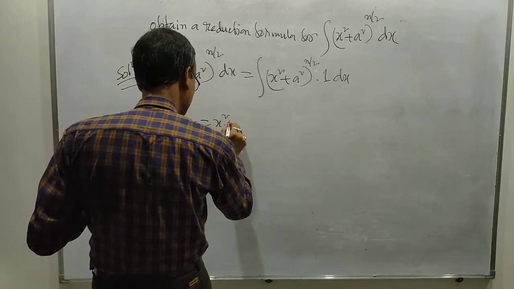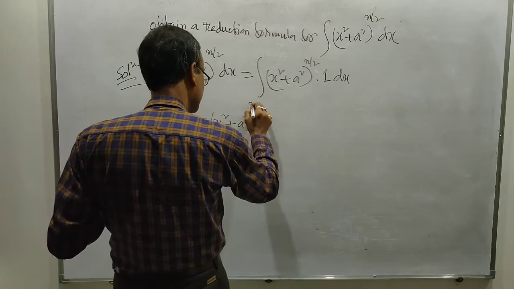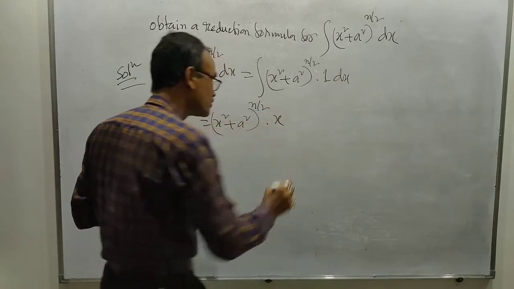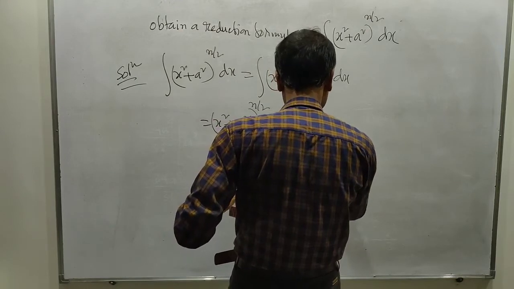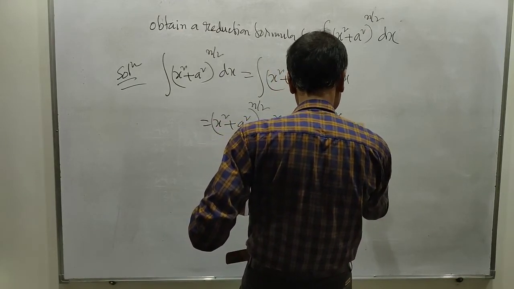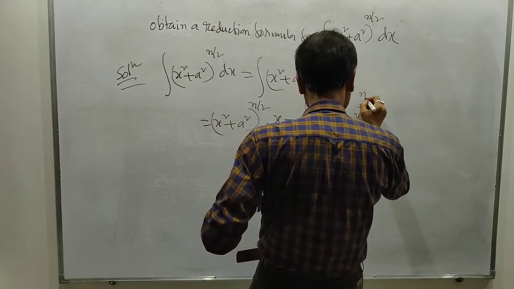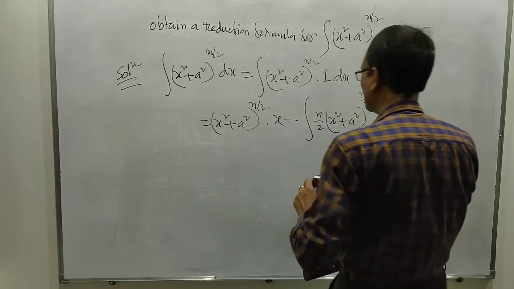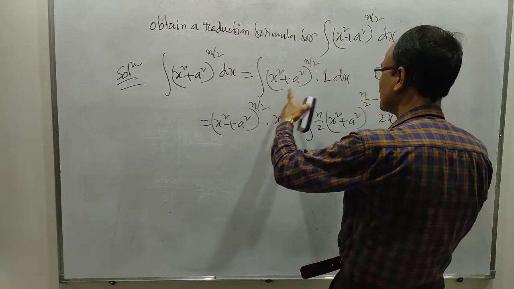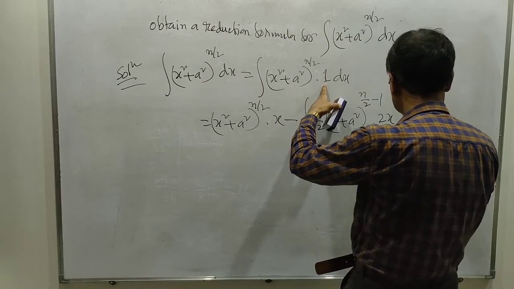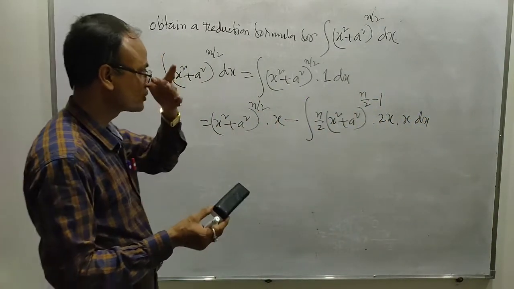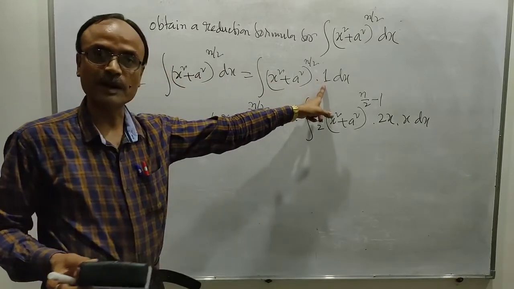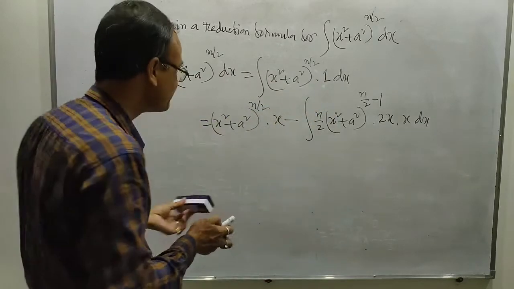This is equal to first function into integration of the second function minus integration, the differentiation of the first function into integration of the second function. Integrate this by parts, taking 1 as the second function.